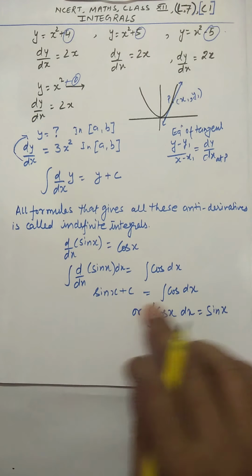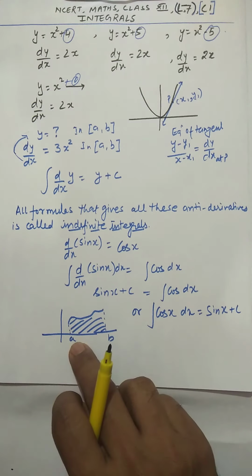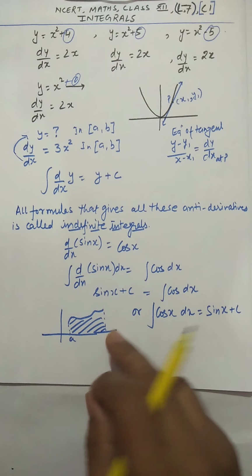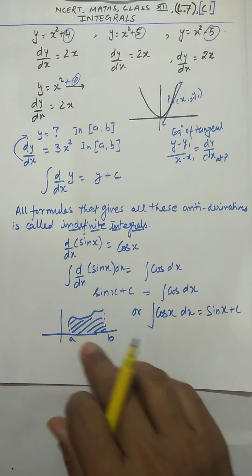Now let's discuss something else also. Why do we need this integration? First, sometimes you will get some derivatives and you have to find the original function, so for that we use indefinite integrals. Also, if you have to find an area, like this is the curve defined in this interval a to b, and I have to find this area, even then we use integrals, because we are making the limits, we are making the boundaries.